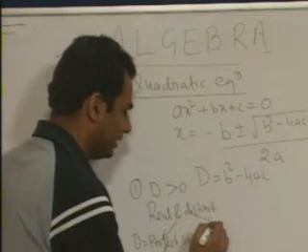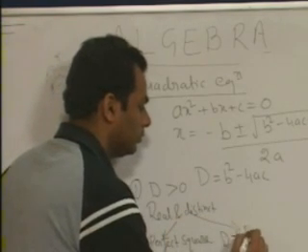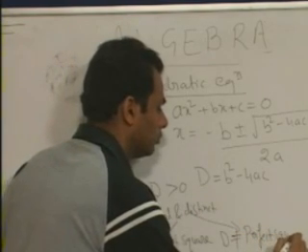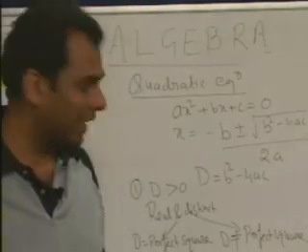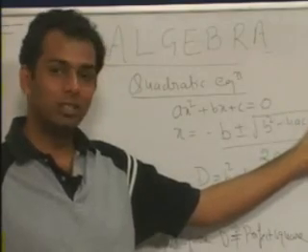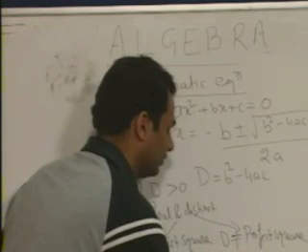And the second case, when the discriminant is not a perfect square, in that case the root sign will remain here, and you will get the roots as irrational.